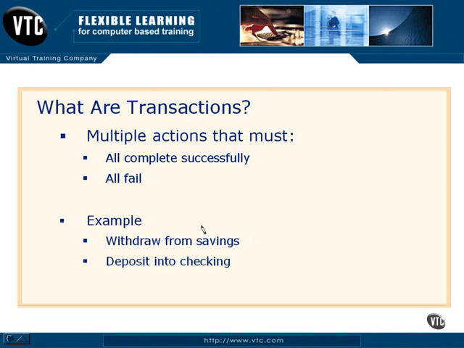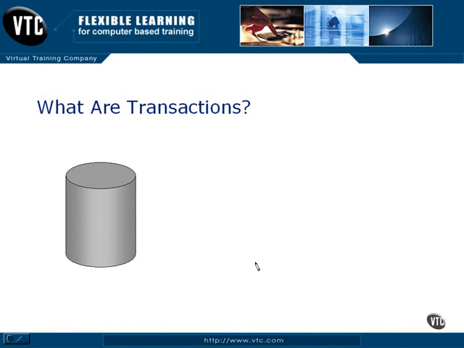Because the bank wants this withdrawal, if the withdrawal is successful, they want the deposit to be successful. If the deposit's successful, they want the withdrawal to be successful. Same thing for us. We both have a stake in this. So we want both of these to be successful, or we want neither of these to be successful. That's a transaction.